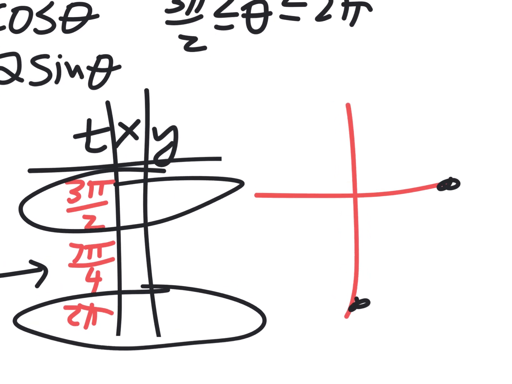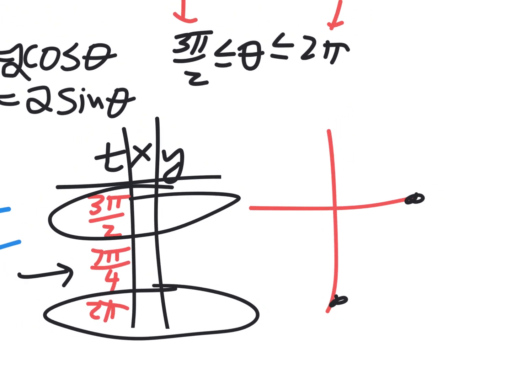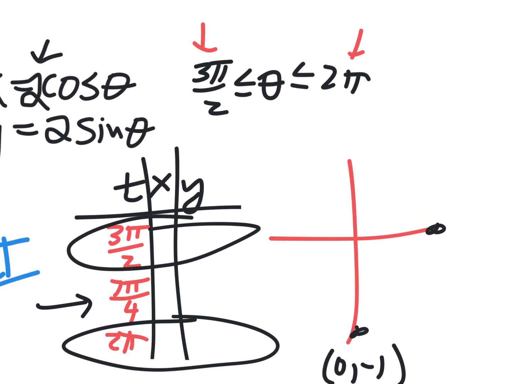For 3 pi over 2, that's this spot, at 0, negative 1. Then what is cosine there? And therefore you multiply it by 2 and you still have 0. Now let's go a little faster. I'm just trying to show people how we'd get those. And then what's the other one?